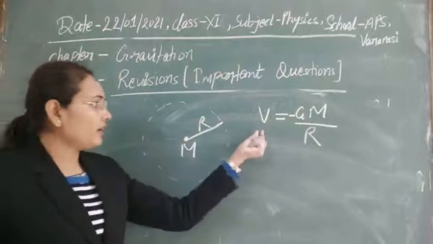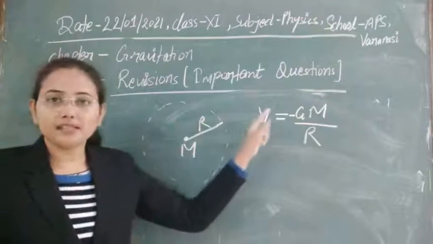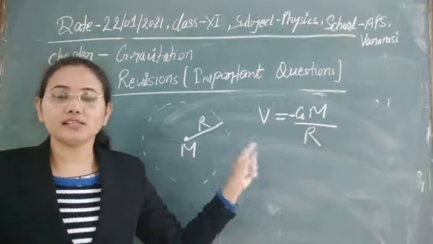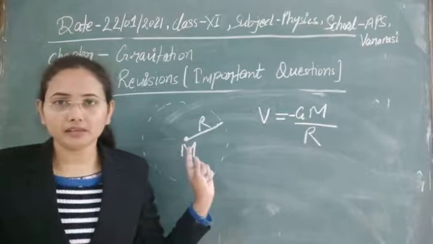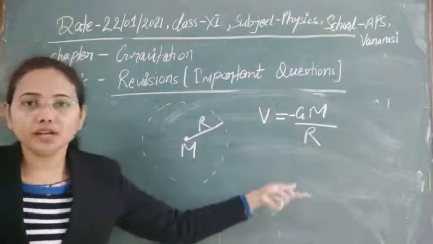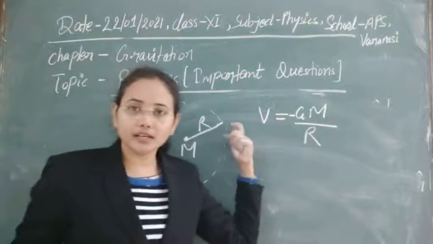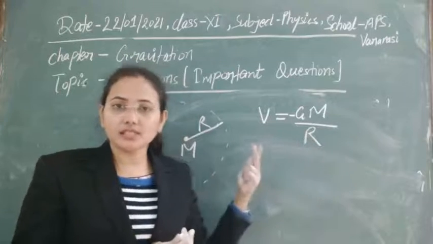On any unit mass, this field applies this potential, and through this potential it tries to resist any kind of movement of that mass. Clear? Secondly, if we are bringing some masses, then if it is applying some potential, it means that its position is changing.